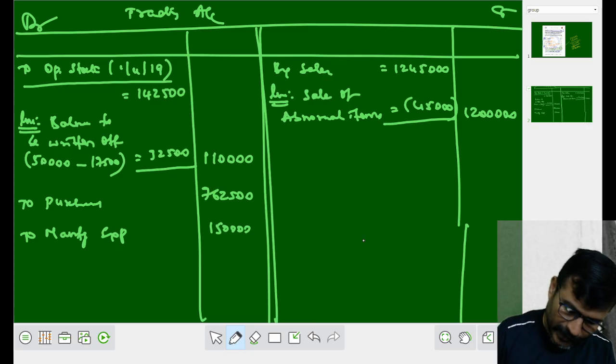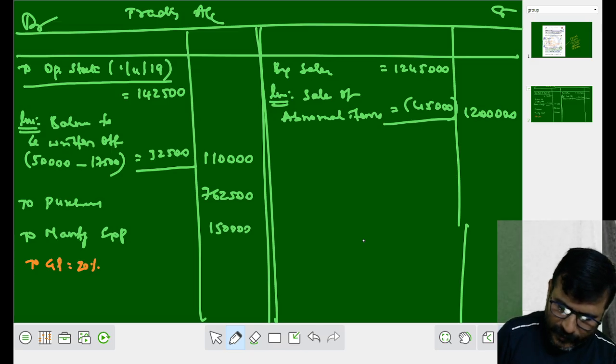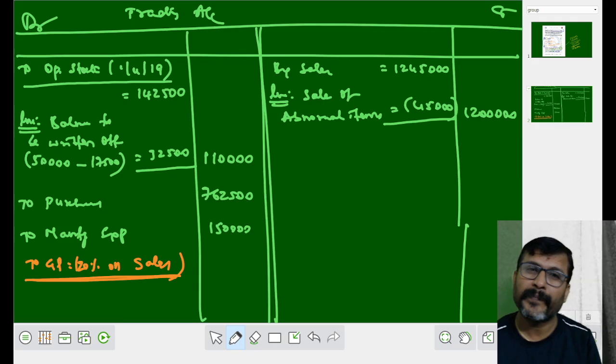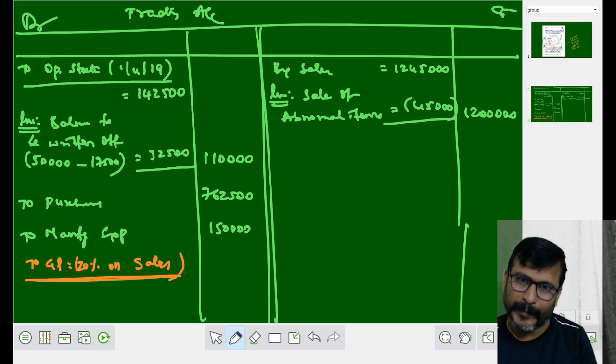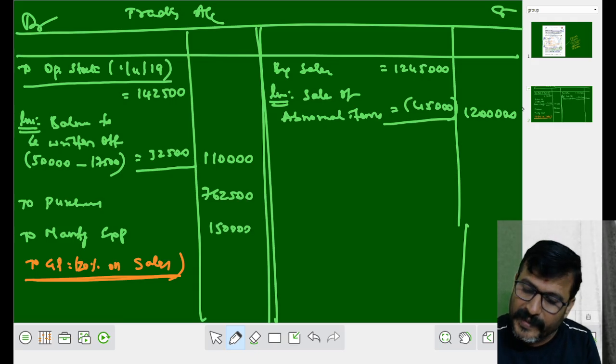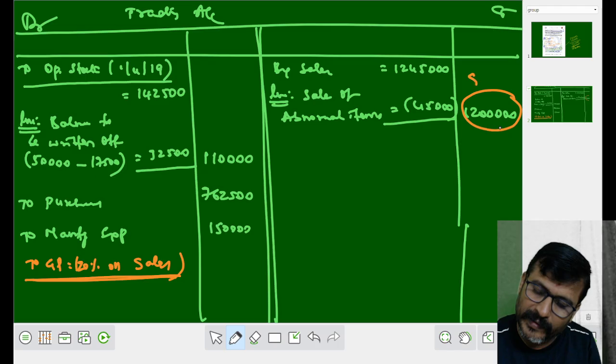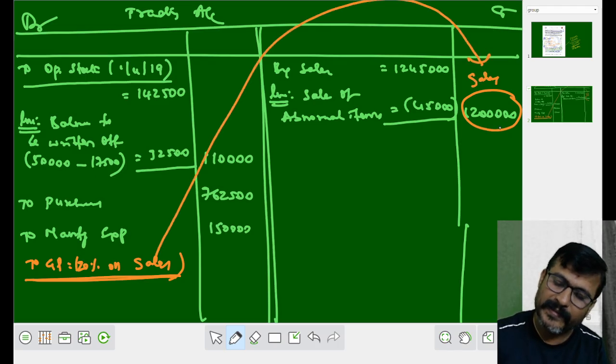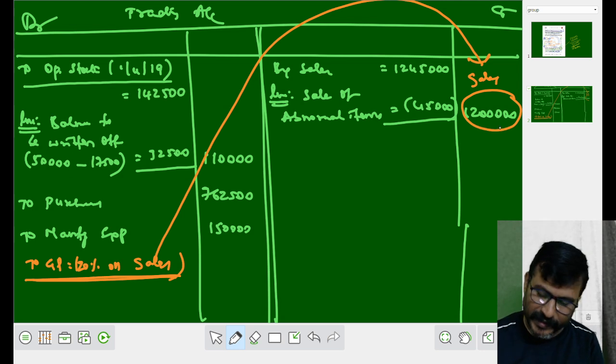So now let me write: to gross profit, 20% on sales. Gross profit is what percent? 20% on sales. Now what is your sales? 12 lakh. Profit is given on sales.